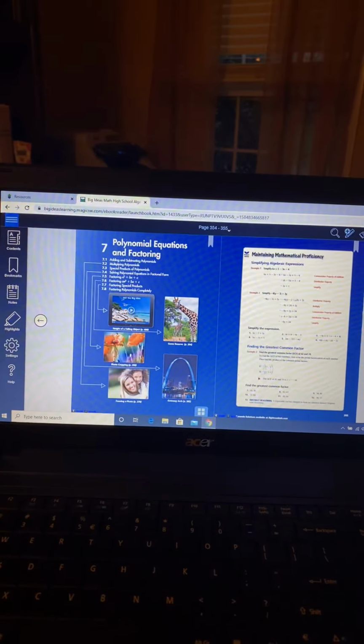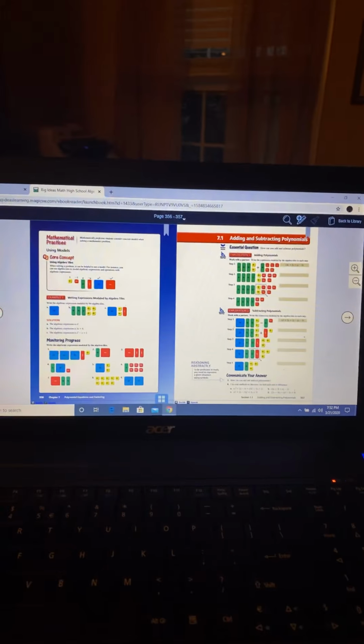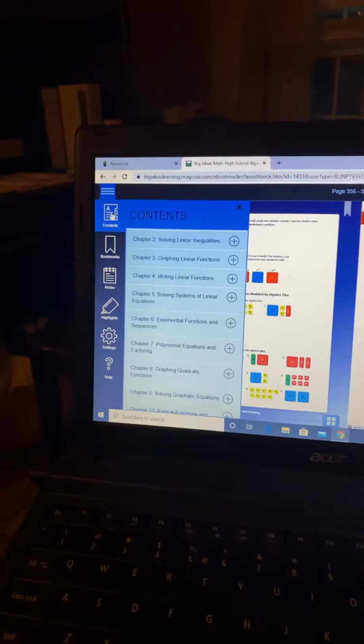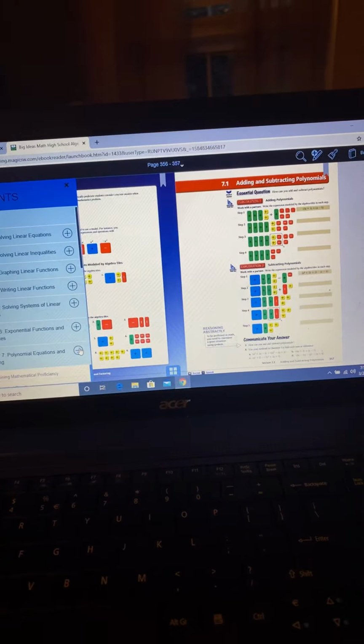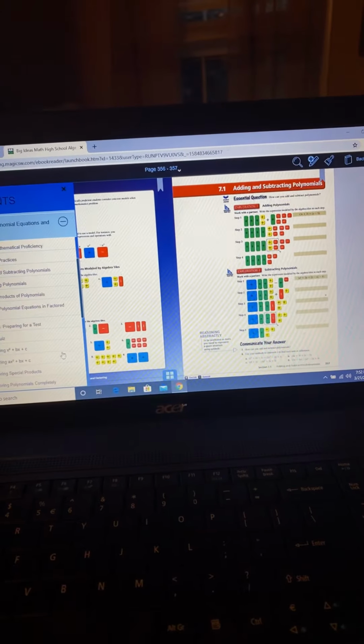We can go to a specific page. We can go back over to the contents, go down to chapter 7, click on the plus, and go down to factoring, which is where we are currently at.